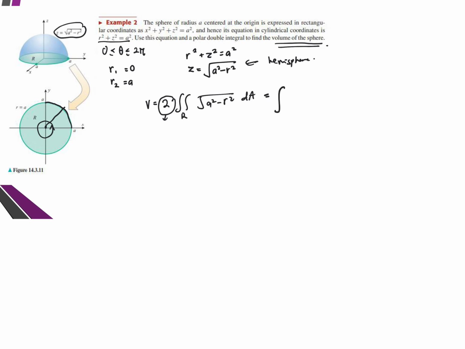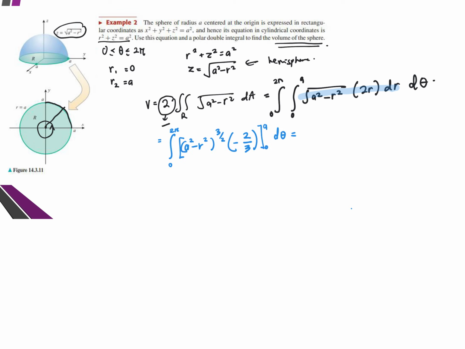Then this one is equal to, our limit theta 0 to 2 pi, then our r from 0 to a, and then square root of a square minus r square, times 2, r dr d theta. Now we integrate with respect to r first, and then we will have this equation.